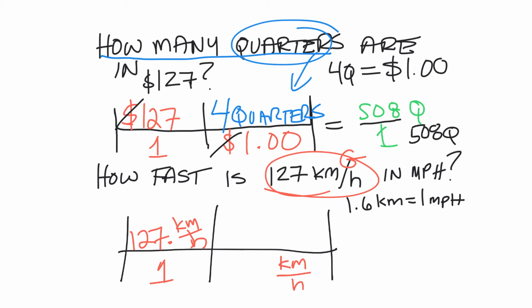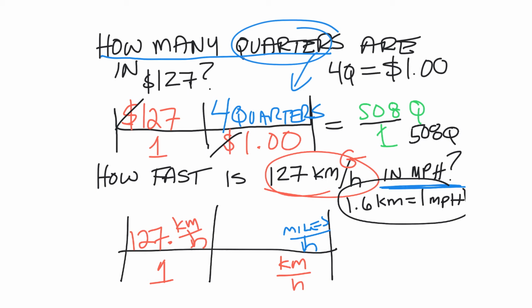And now I go back to my problem, and I'm going to say, okay, what am I trying to find? How fast is blah in blah? So here's my miles per hour. So I'm going to write miles and then per hour. All right. Now again, I don't have any numbers yet, so I have to go to my conversion factor, which is this, and I'm going to write the number that goes with each one.